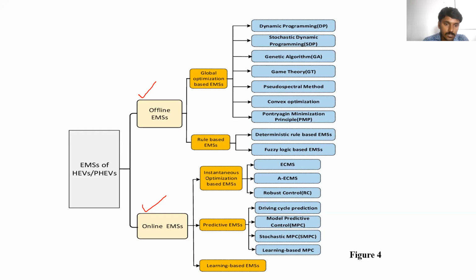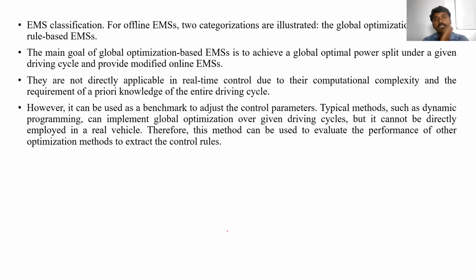The online management systems include instantaneous optimization-based, predictive, and learning-based energy management systems. So all these are the classification of the energy management systems.